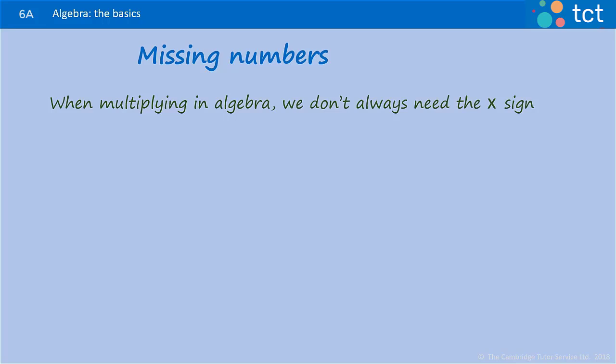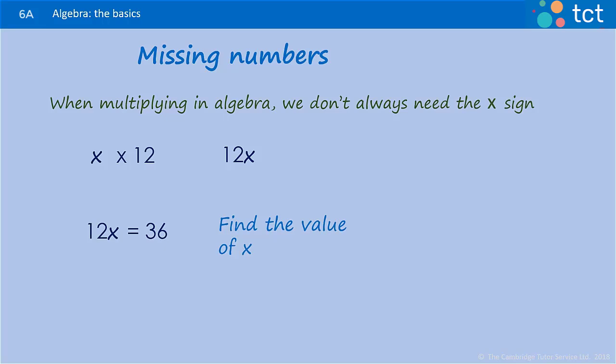When we're multiplying in algebra, we don't always have to use the multiplication sign. So if you're being asked to find x multiplied by 12, it's more likely to be given like this, 12x. That just means 12 times by x. So here you're being asked to find the value of x.